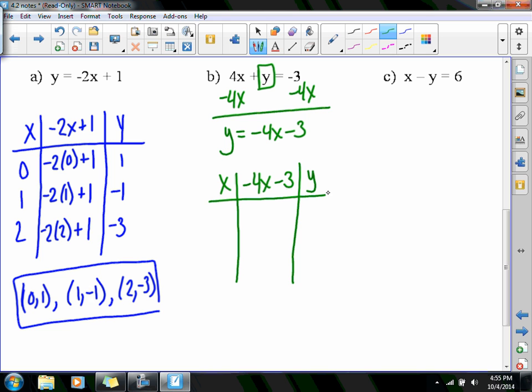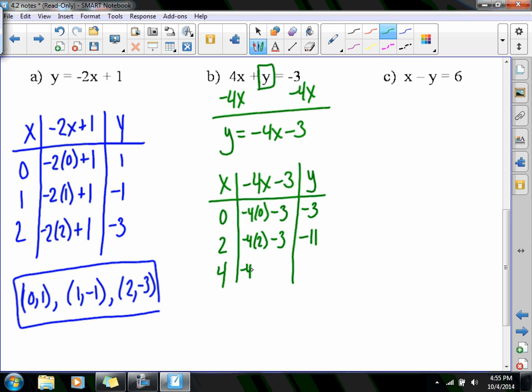And again, I can pick any number that I want to pick. I can pick 0, 1, and 2, or I could pick, oh, I don't know, 0, 2, and 4. So negative 4 times 0 is 0, minus 3 is negative 3. And negative 4 times 2 is negative 8, minus 3 is negative 11.